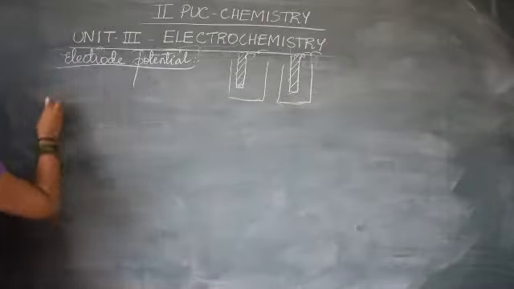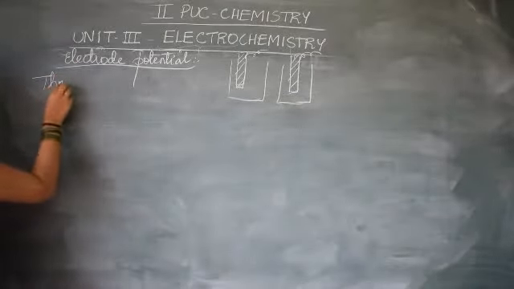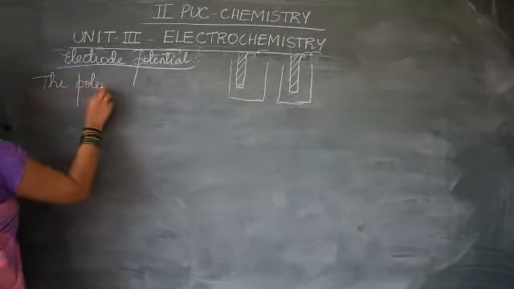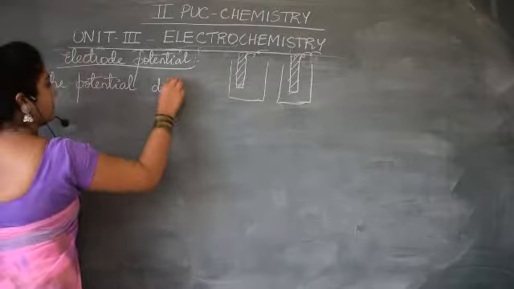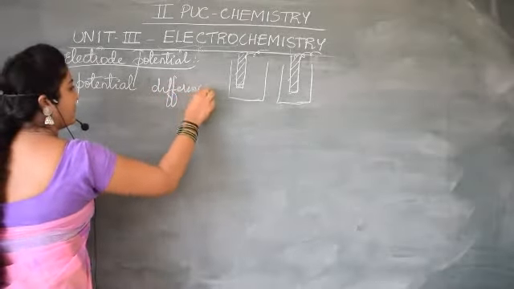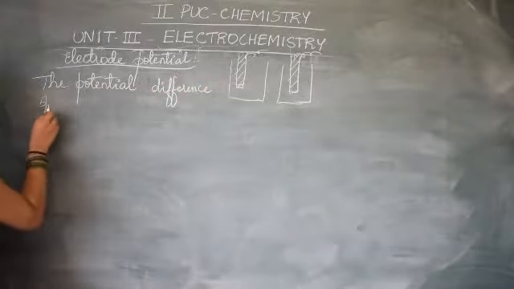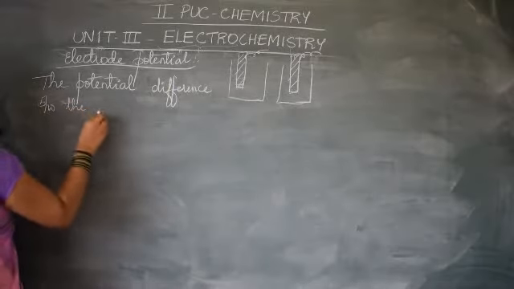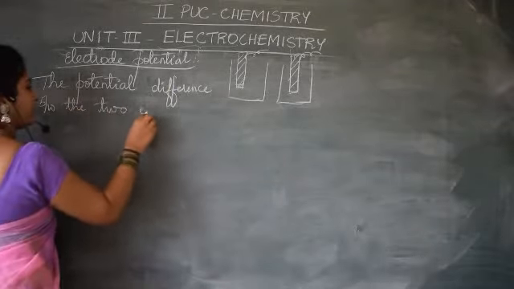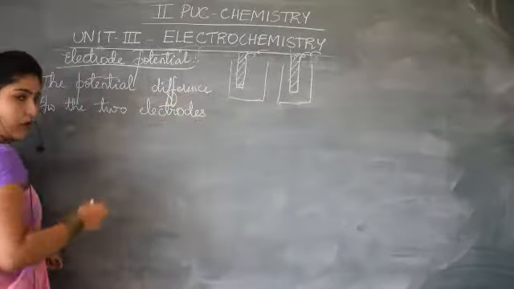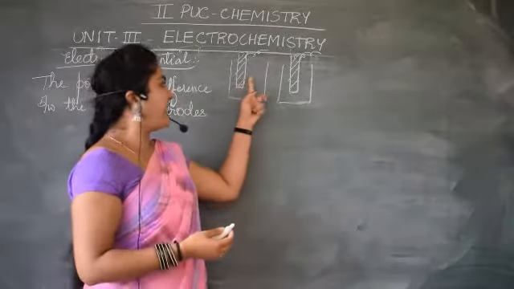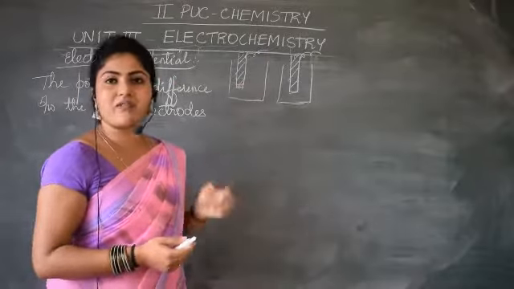So how do you define it? The potential difference between the two electrodes when the metal is dipped in its respective solution.